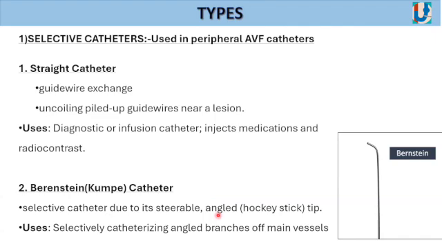This is a Cobra catheter, and this is a JR catheter. So Cobra catheter is a curved catheter, and JR can be used instead of an angled catheter when we don't have an angled catheter. Remember this name, Bernstein, is the most commonly used catheter as an angled catheter for our procedures.